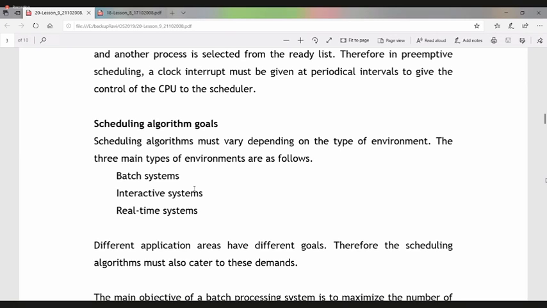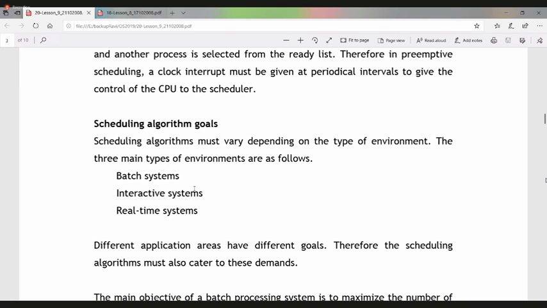That means you select hundreds or thousands of jobs in a batch and process them continuously. Right? That is batch processing. Then interactive systems. Any example for an interactive system? Like an ATM machine or game playing software.